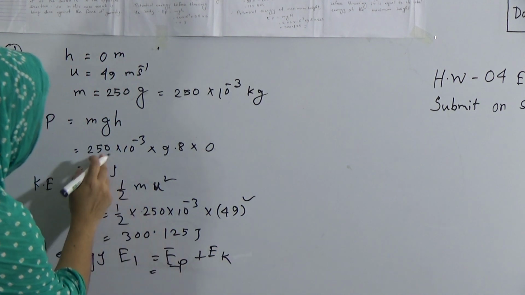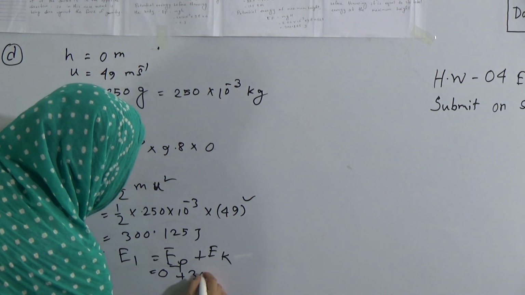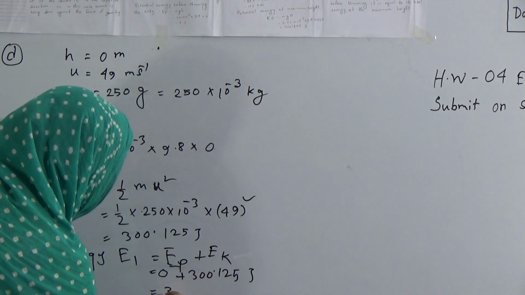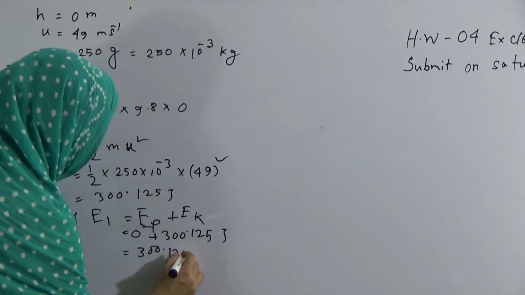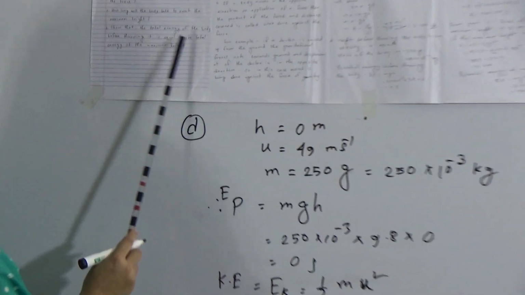So EP is 0 plus EK is 300.125 joule. That means 300.125 joule is the total energy before throwing the body. Now similarly we have to find out the total energy at the maximum height.